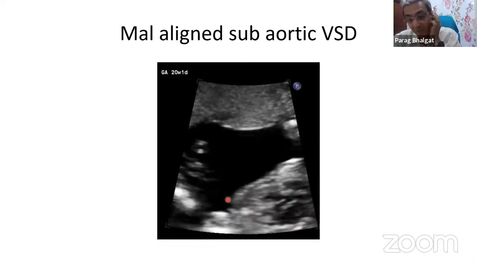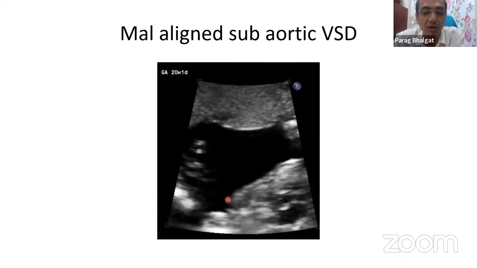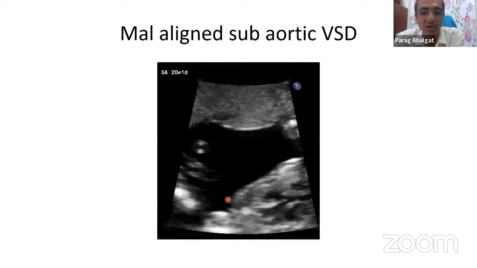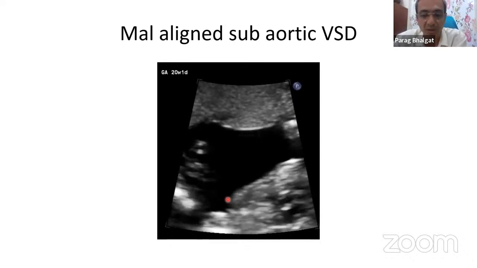Once you demonstrate a malalignment VSD, it refers to a vast number of conotruncal anomalies, such as TOF with VSD and PS, or CCTGA with VSD and PS, or truncus. All of these have malalignment VSDs. So it can be seen with any of the above, and even a truncus arteriosus can sometimes have a malalignment VSD.